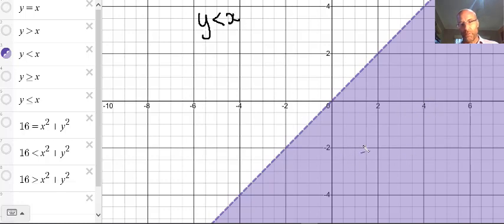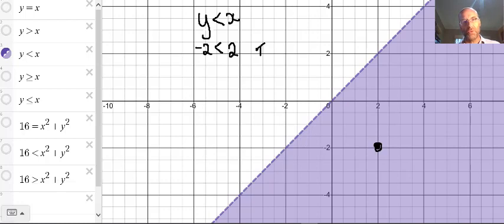So we know that this point here is in the purple region, and it's 2, -2. So x equals 2, and y is -2. So we sub it in. And is -2 less than 2? Yes, that's a true statement. So we've shaded the correct region.